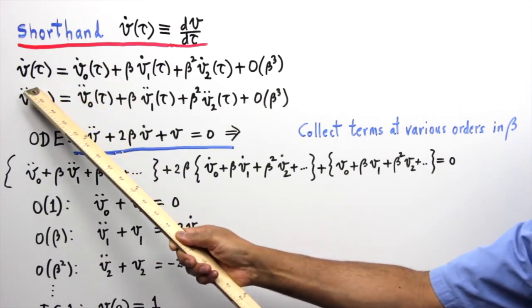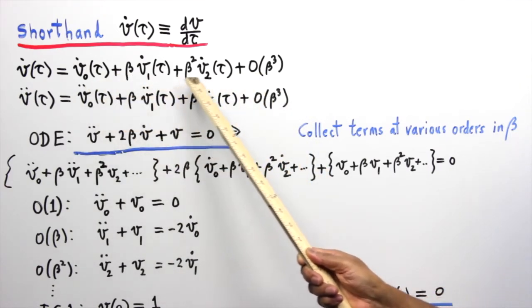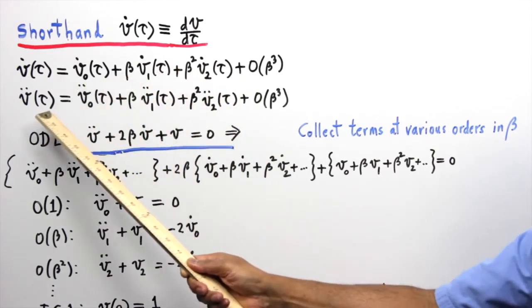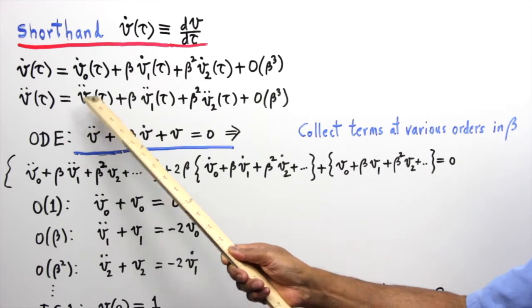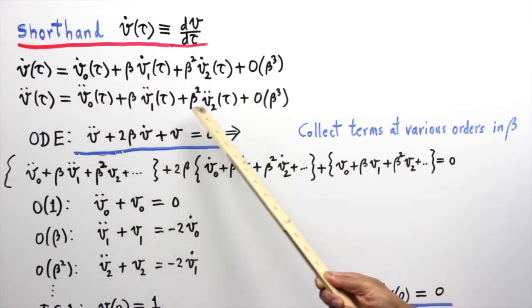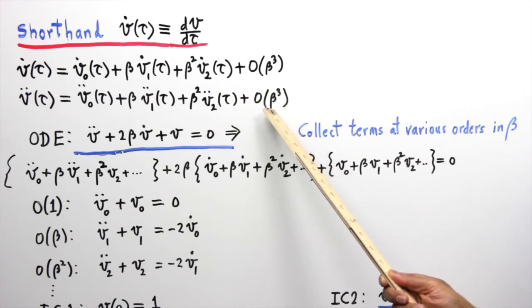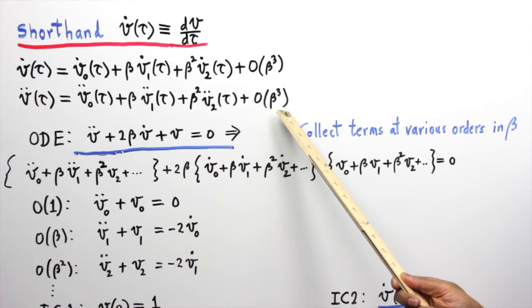And so we have the first derivative in terms of derivatives appearing on each of these functions. Beta powers just are outside, and we can take the second derivative, and we have second derivatives v0 double dot, v1 double dot times beta, v2 double dot times beta square, and corrections truncated here at order beta cube originally, and therefore that is carried through.